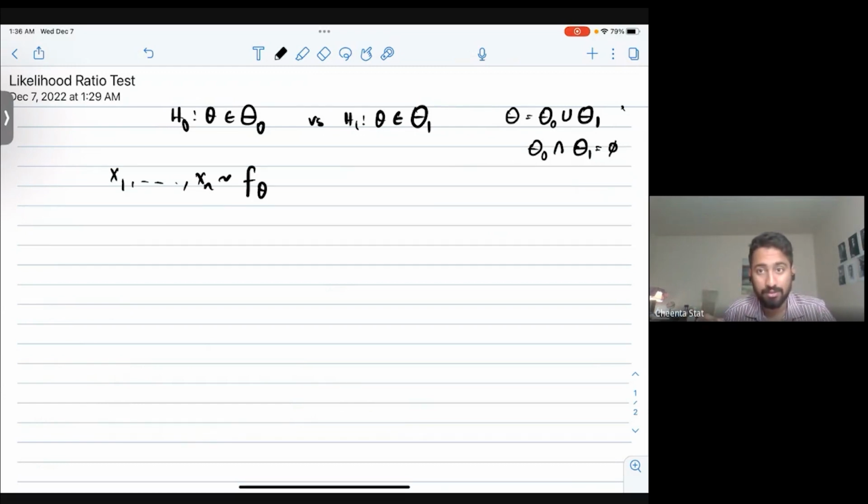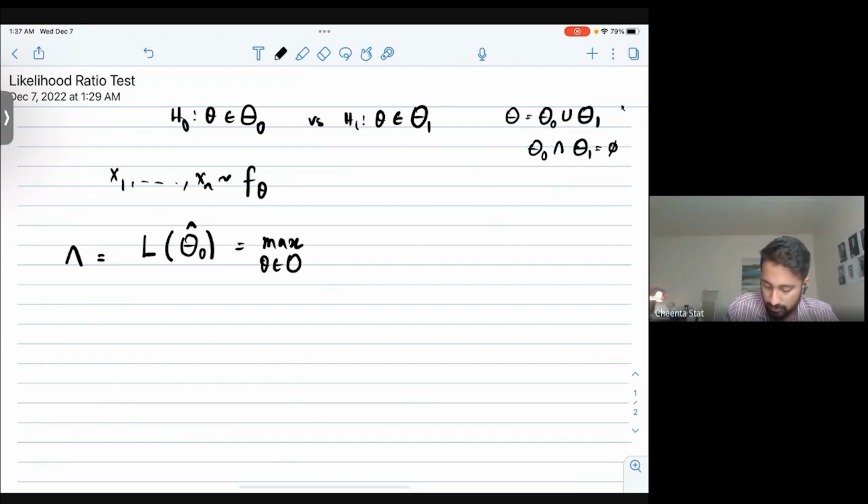So we'll define this quantity: the likelihood at theta0 hat, which means the maximum. So this is almost like maximum likelihood estimation.